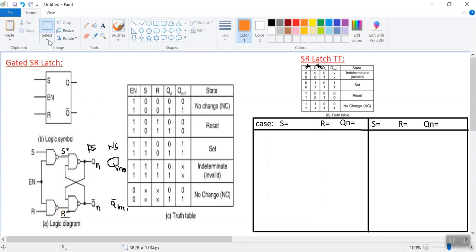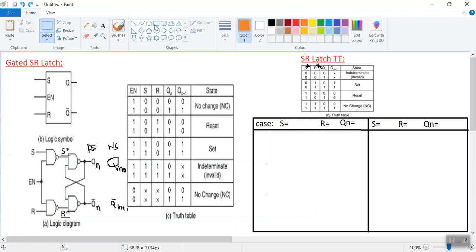So if we remove this particular part, this is our NAND gate SR latch. If we keep two more NAND gates in front of this, we can call that a gated SR latch. So simply we can call this a gated SR latch.